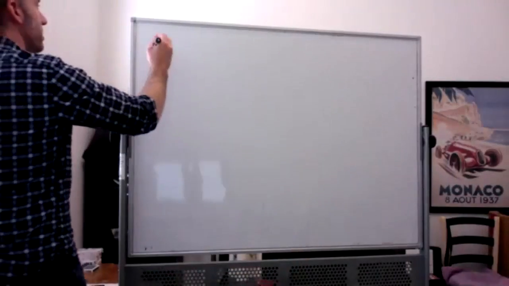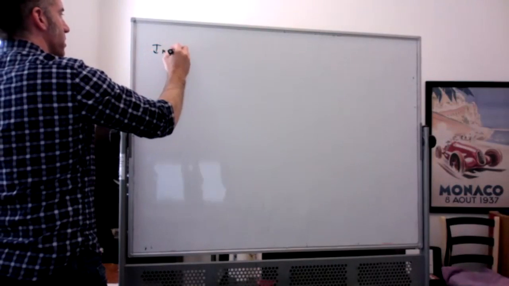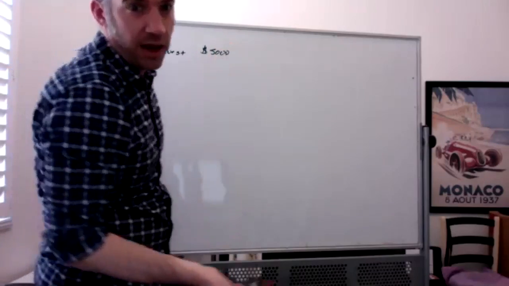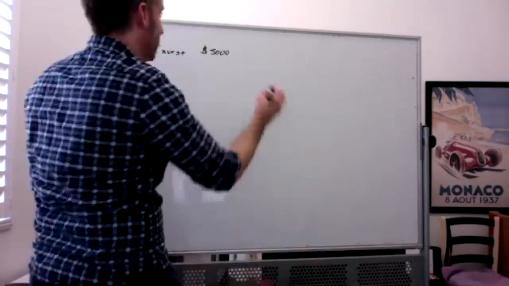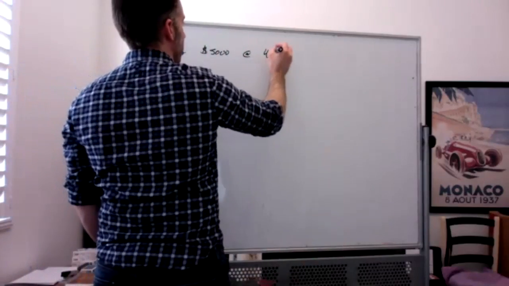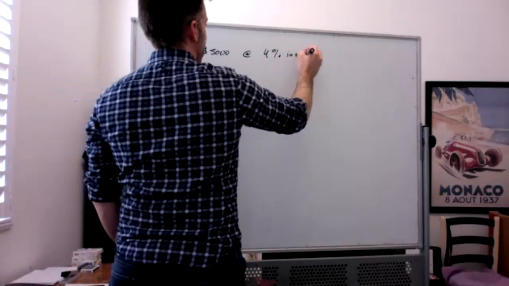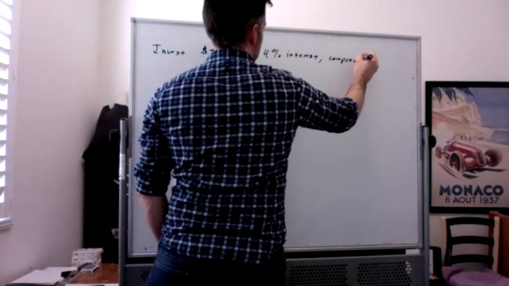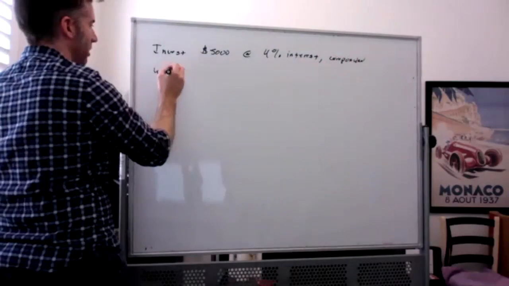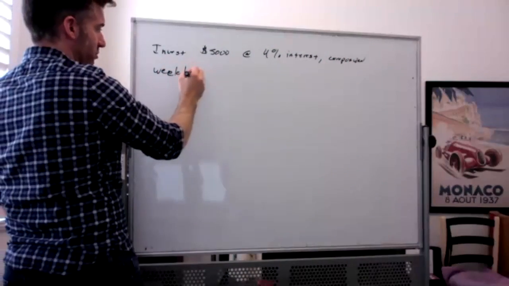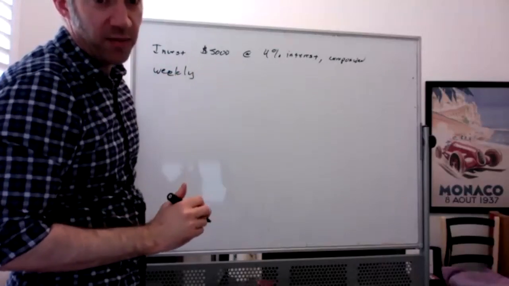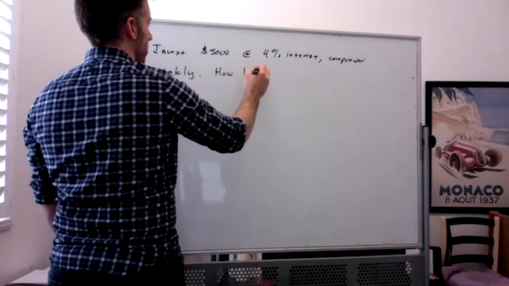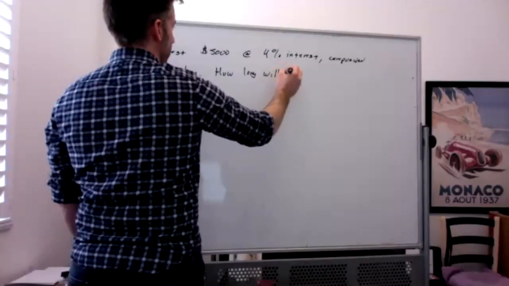Suppose we invest $5,000 at 4% interest, compounded weekly. Not like week, but like every 7 days. How long will it take for our money to double?